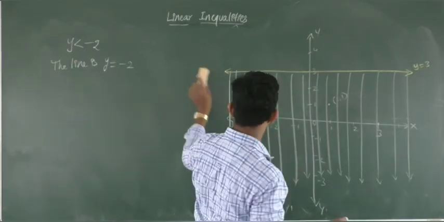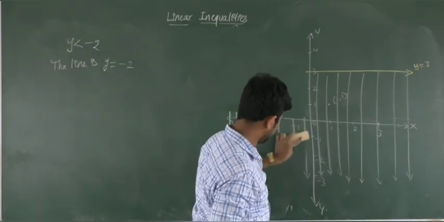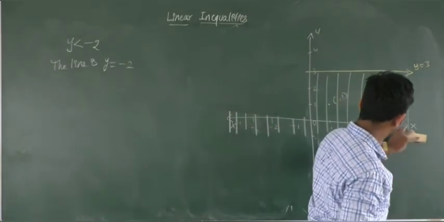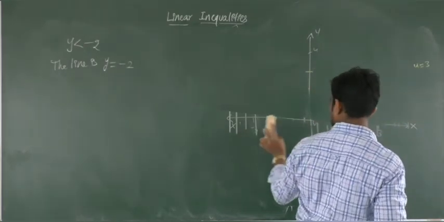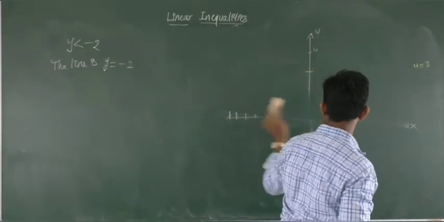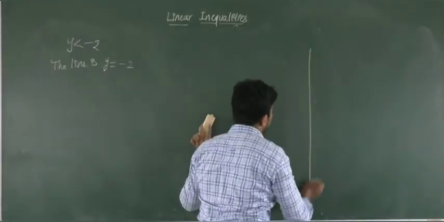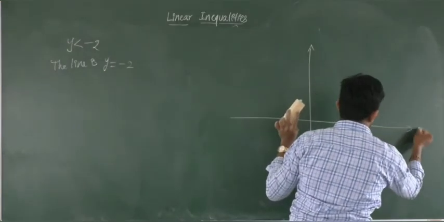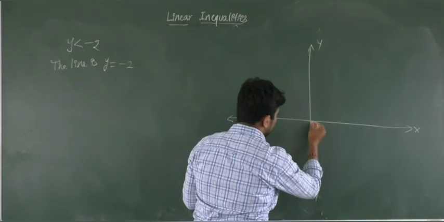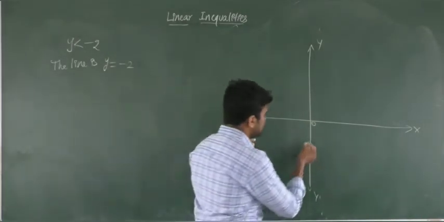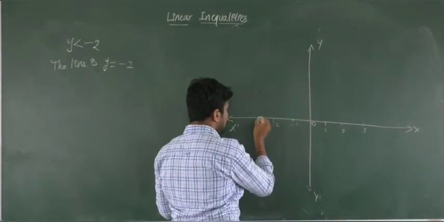So where the line comes here, the horizontal line passes through the point -2 on the y-axis. Now mark the points here, 1, 2, 3, enough, -1, -2, -3.